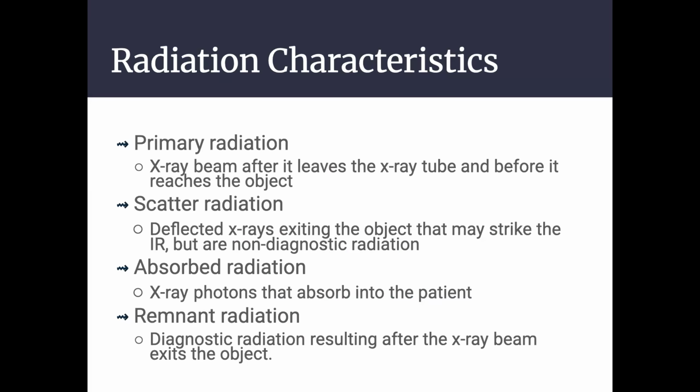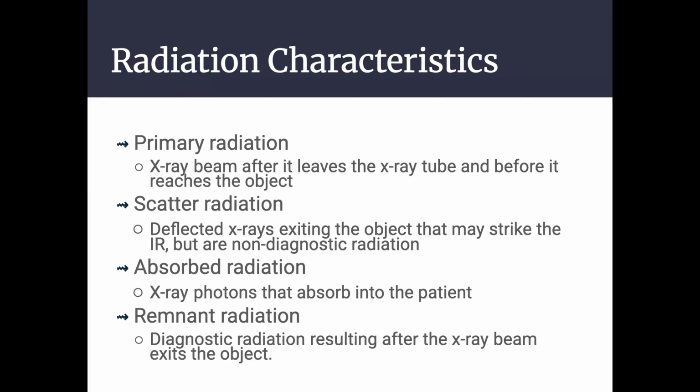The next is absorbed radiation. These are X-ray photons that absorb into the patient. They don't exit the patient. They hit a bone and they absorb, okay? And they are very useful. This is very useful radiation because it helps to create the image.